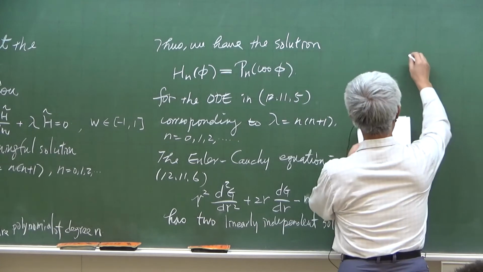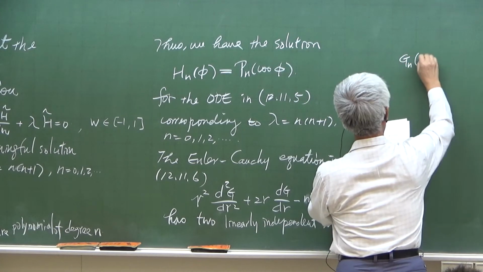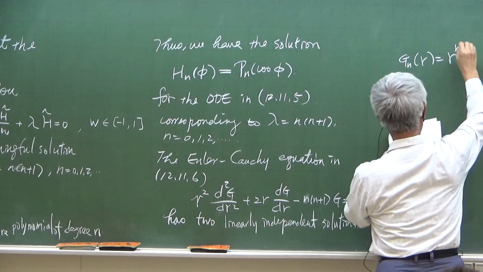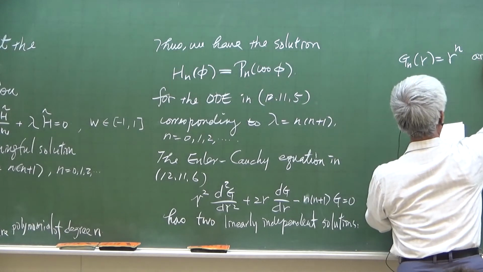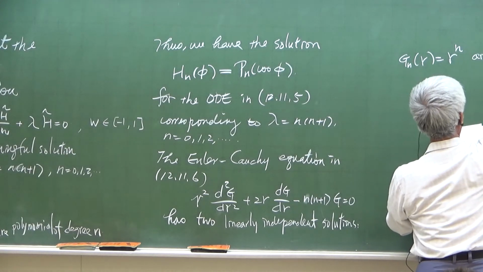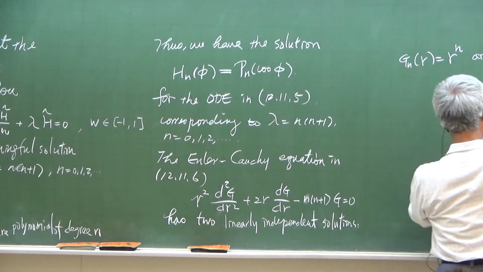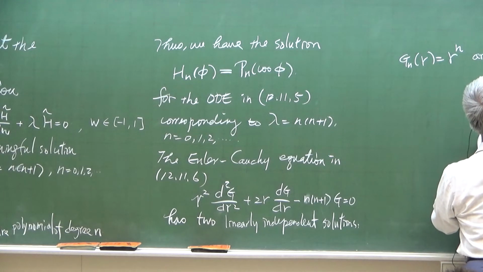So that is Gn of r equal to r to the n, and Gn star of r equal to 1 over r to the n plus 1.